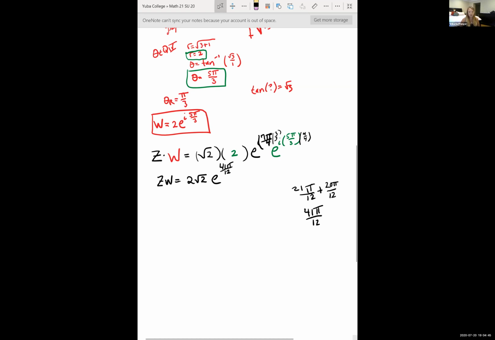I'm just curious how they wrote it, and since it's not right by it, I have to look it up in the back. So it looks like we want that theta value to be between 0 and 2 pi. Find an equivalent angle.